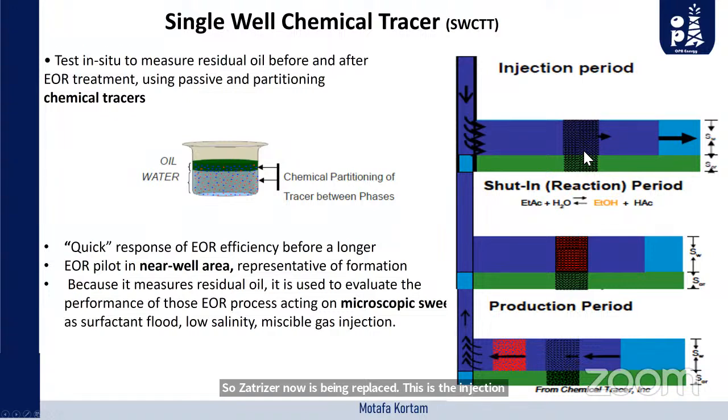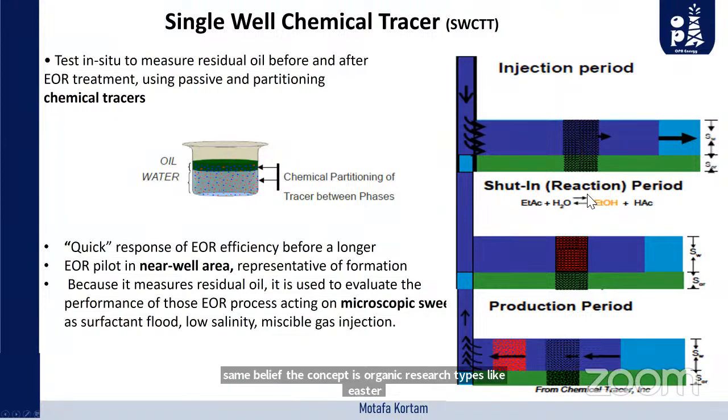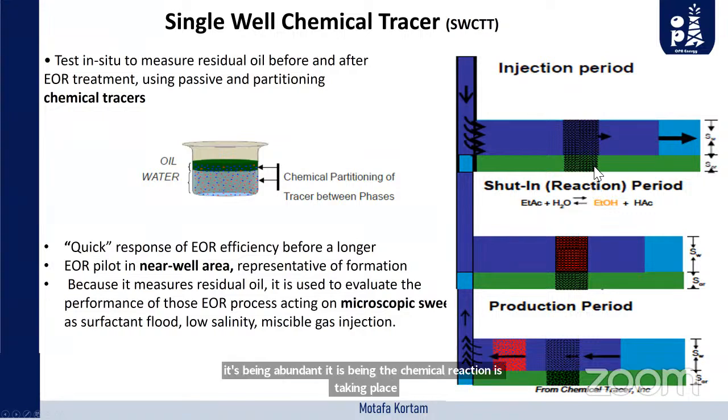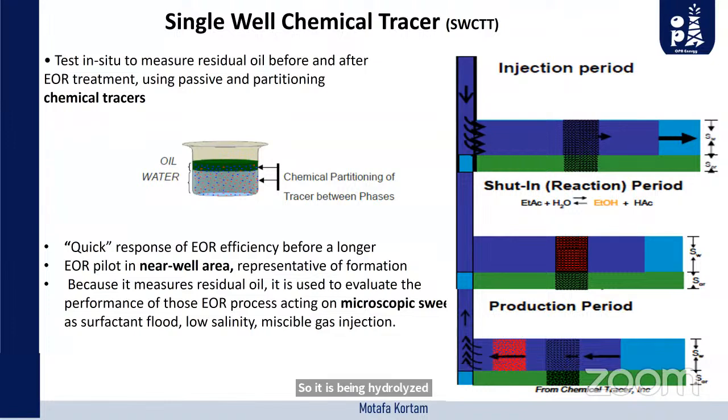In fact, there are two types of chemical tracer, but simply the concept is the organic tracer type, like ester. When it is pumped, a chemical reaction takes place, so it is hydrolyzed and partitioned. One part of the tracer moves toward and reacts with the water, and some reacts with the oil.